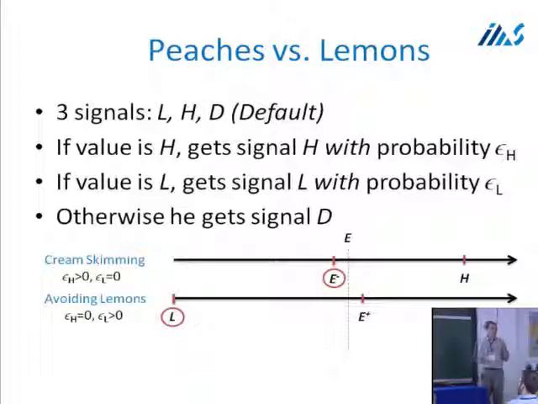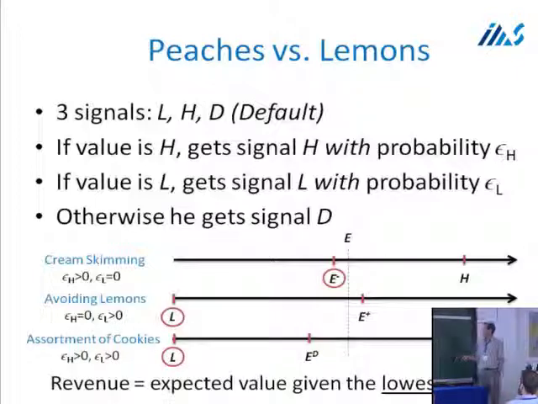When he doesn't see the low value impression, he sees a default signal, he will bid a little bit more than the unconditional expectation because he's updating his belief. And the uninformed guy, as we've seen before, should bid L. So we see that with tiny probability of the informed guy knowing about a low value impression, the revenue is actually going to collapse to L. So there is a huge implication on the revenue of the auctioneer from this asymmetry of information.